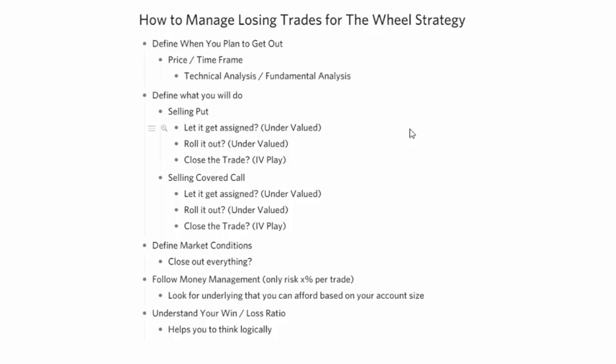And so after the event, a lot of the time, in fact, most of the time, implied volatility will decrease. And so if we are trading solely because of the implied volatility, not because we are thinking the underlying is undervalued or any other fundamental reason, then we should just get out once the implied volatility drops, even if it's a losing trade.